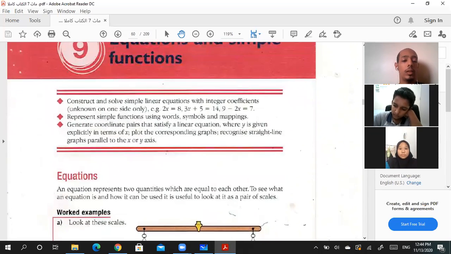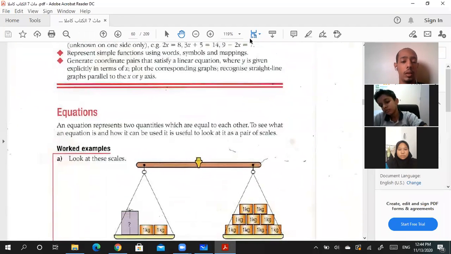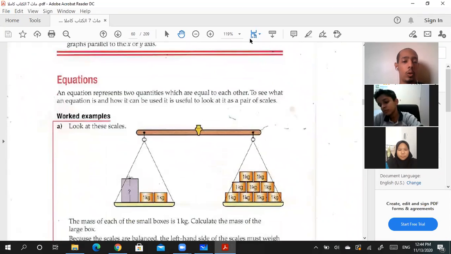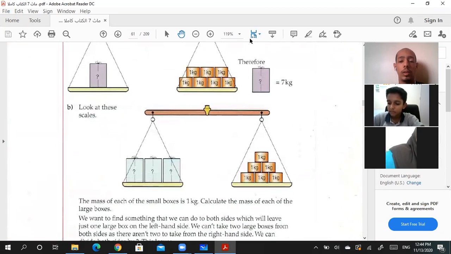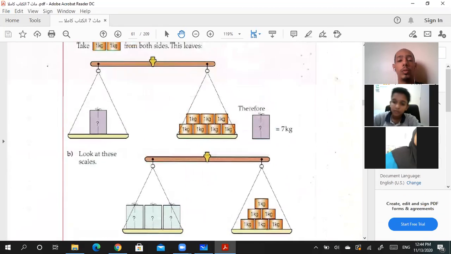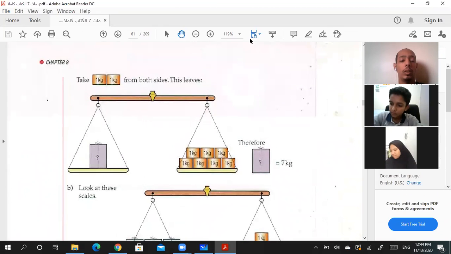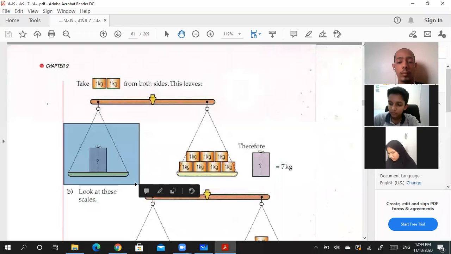Let's revise equations and functions. Like we have been studying, equations represent two sides of equal terms. For example, if you have a weighing scale, you find the weight of one side.